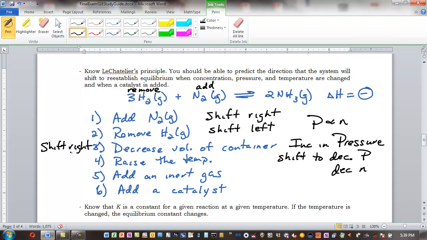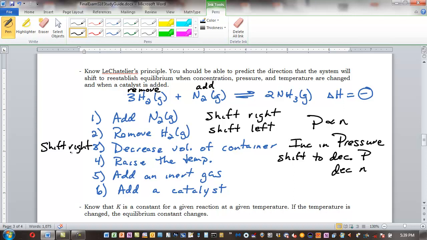Okay, good question. Question? Work it out. Oh, just trying to work it out, okay. All right, next one, we're going to raise the temperature. What do we do with that one? You do need to look at delta H, exactly right.